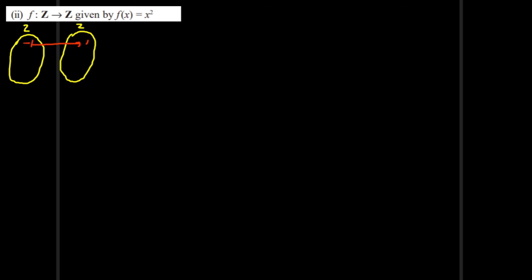Then 0 is mapping to 0 only, 0 square. Then 1 is mapping to square of 1, again 1. Then you can take -2 mapping to -2 square, 4. Again you can take 2, square of 2 is 4, etc.